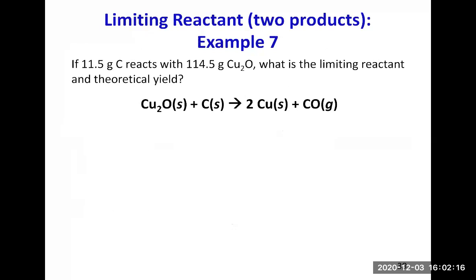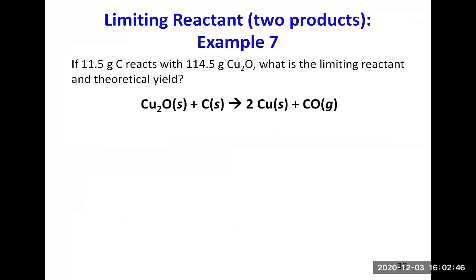Let's look at another example here where we have two products made from two reactants. And so if 11.5 grams of carbon reacts with 114.5 grams of copper(I) oxide, what is the limiting reactant and theoretical yield?